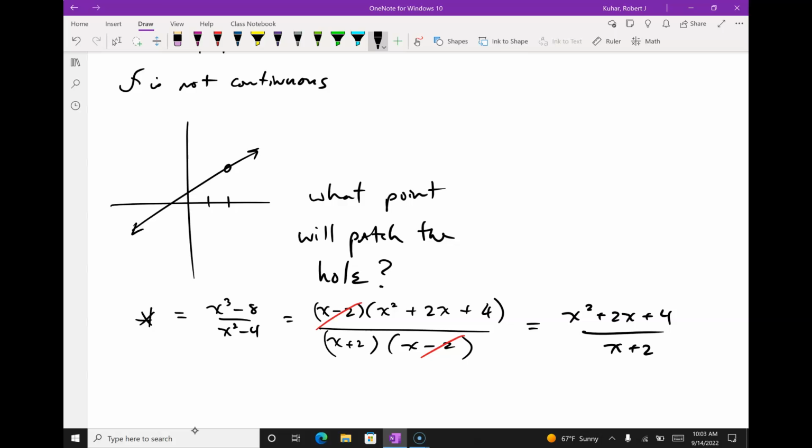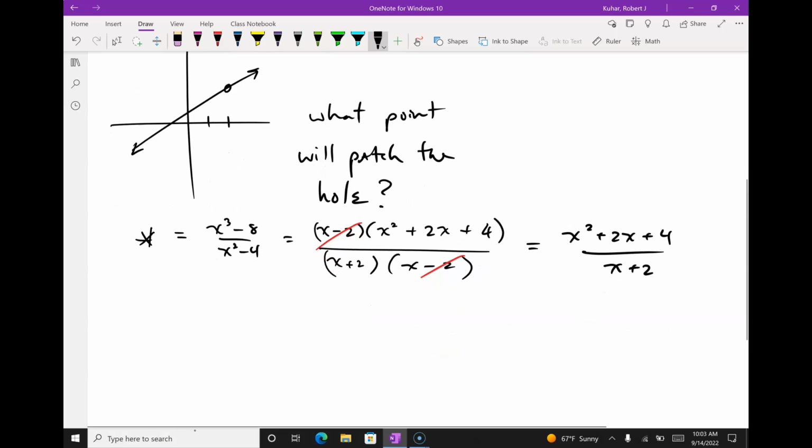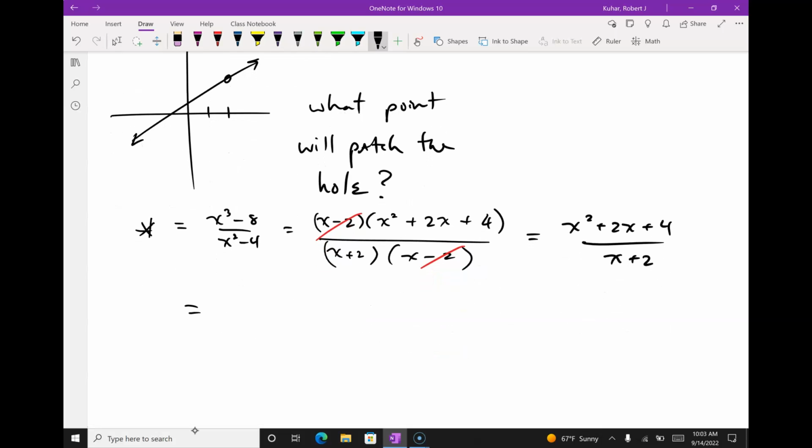The question's asking me, what happens at 2, right? And we're really interested in continuity. Is it continuous or is there a hole in it? 0 over 0 can't happen, right? We know there's a hole there, but we know how to patch that hole. We find what the limit would be, right? And then put the cover on the manhole, right? So now what do we know? The limit as x goes to 2 of star is 2 squared plus 2 times 2 plus 4 over 2 plus 2.